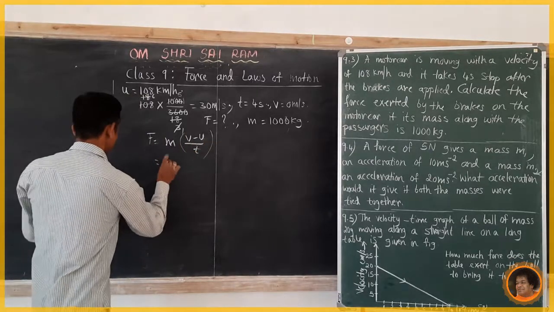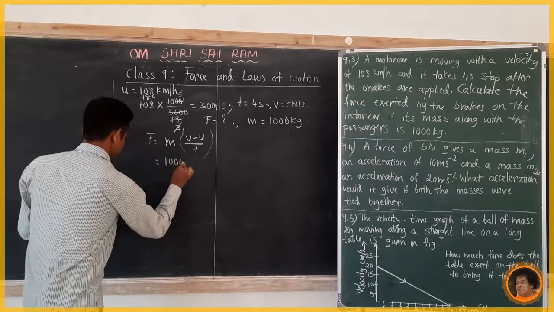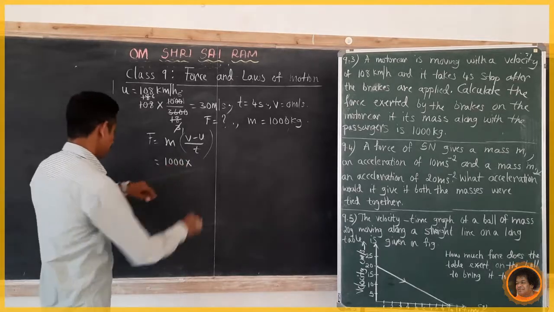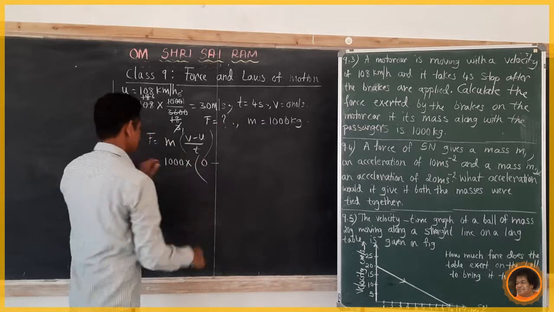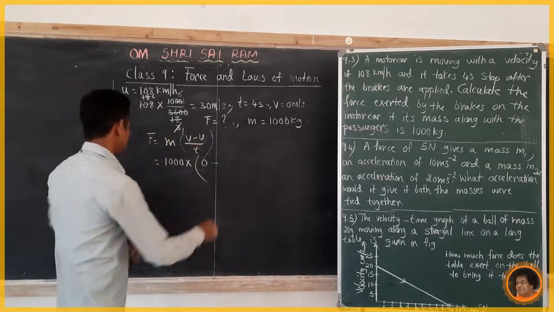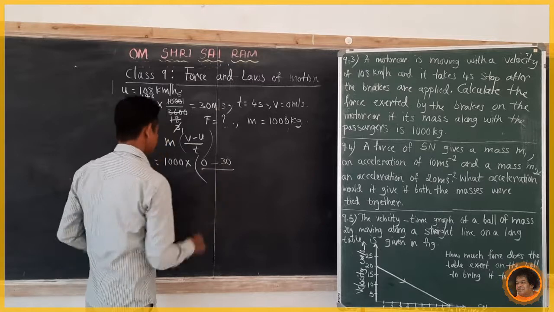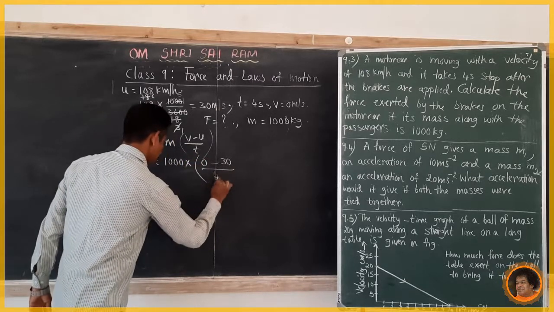Now substitute the values. What is m? m equals 1000, so 1000 into v. What is the value of v? v equals 0. Then minus u, where u equals 30, divided by t equals 4.